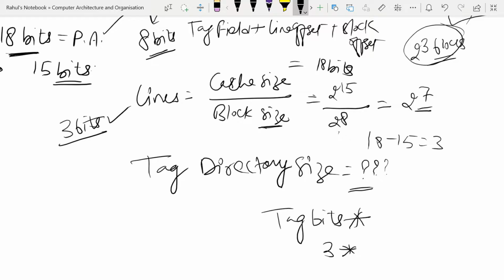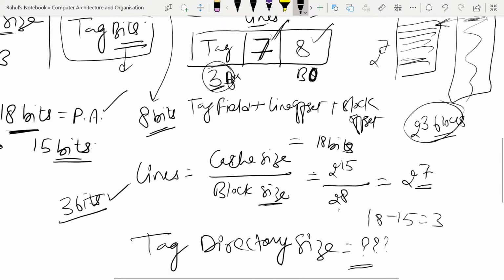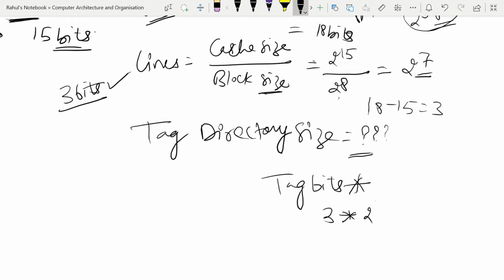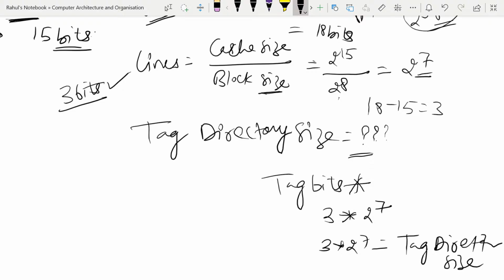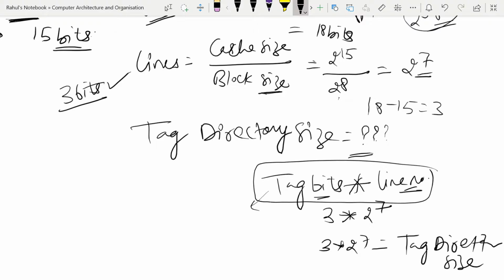What is tag bits? Tag bits is 3. What is the total number of lines? 2 to the power 7. So 3 into 2 to the power 7 equals the tag directory size. Means tag directory size is tag bits into line numbers, and you have to represent it in 2 to the power format, right? So here tag bits is 3 into line number 2 to the power 7. So it is the total tag directory size.